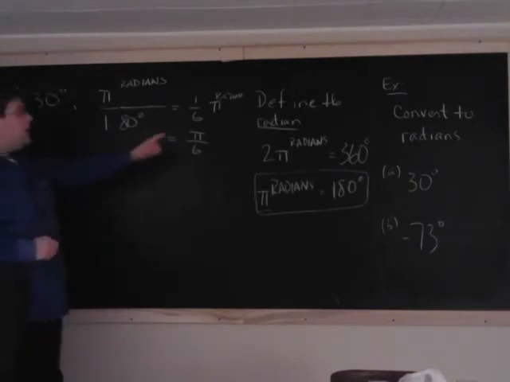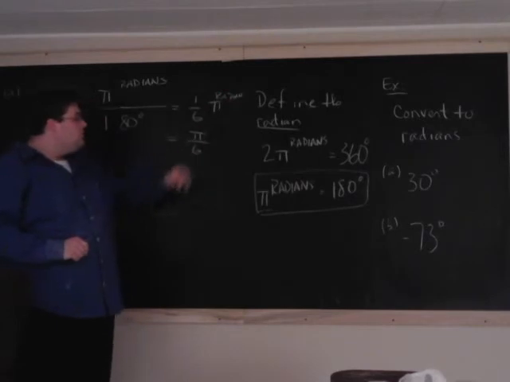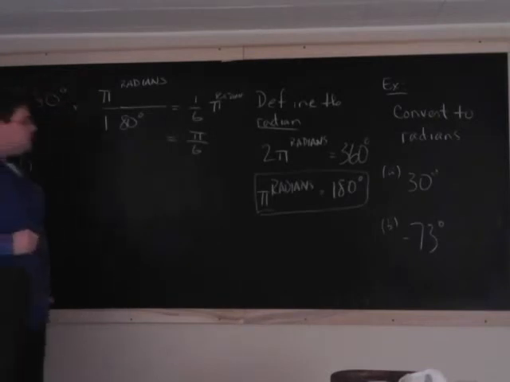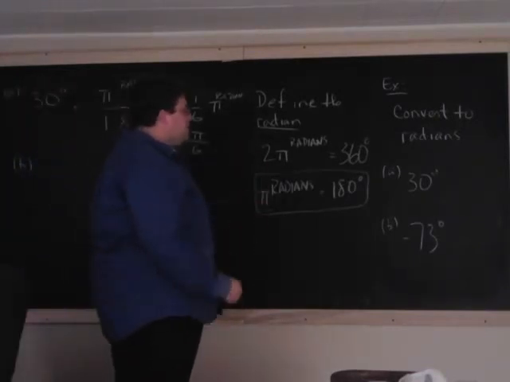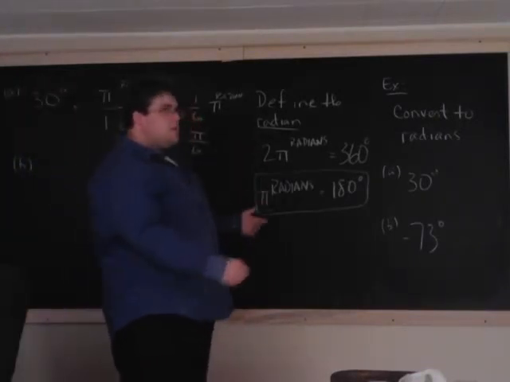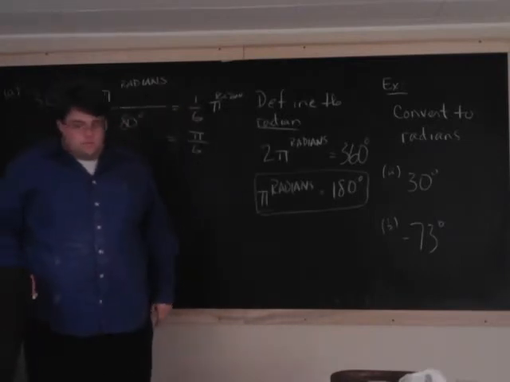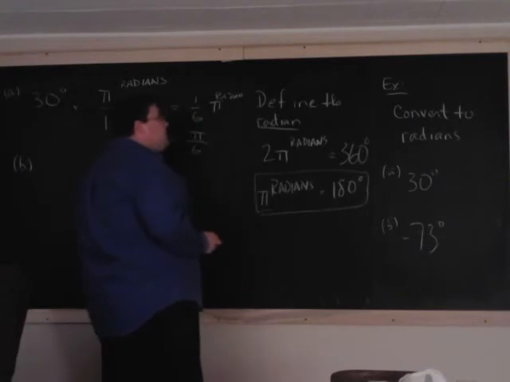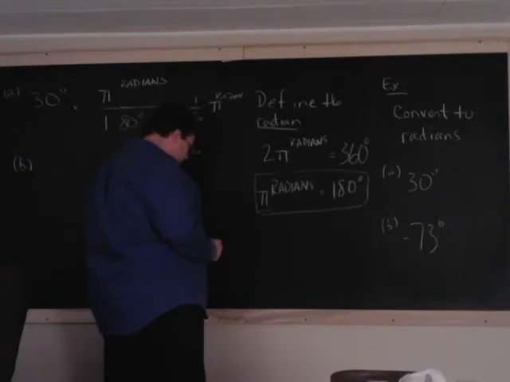This will be the last time I write the word radians. So to go from degrees to radians, we use this conversion factor. It's just like going from centimeters to inches. I don't like the metric system. It's 2 point something. This could be wrong.